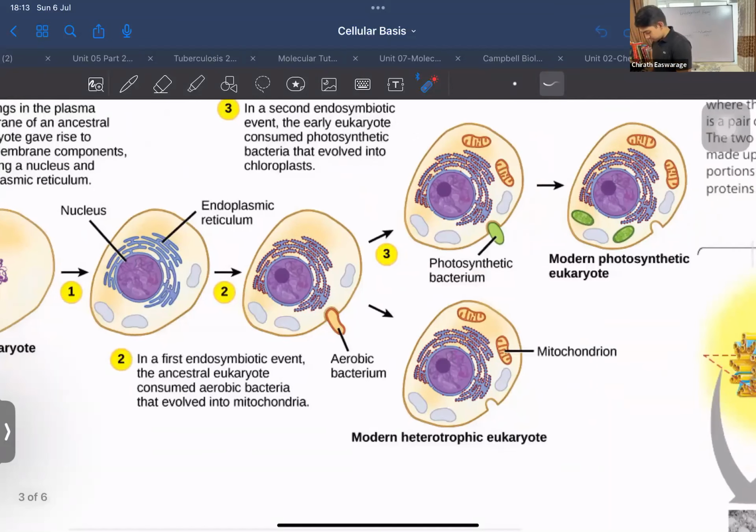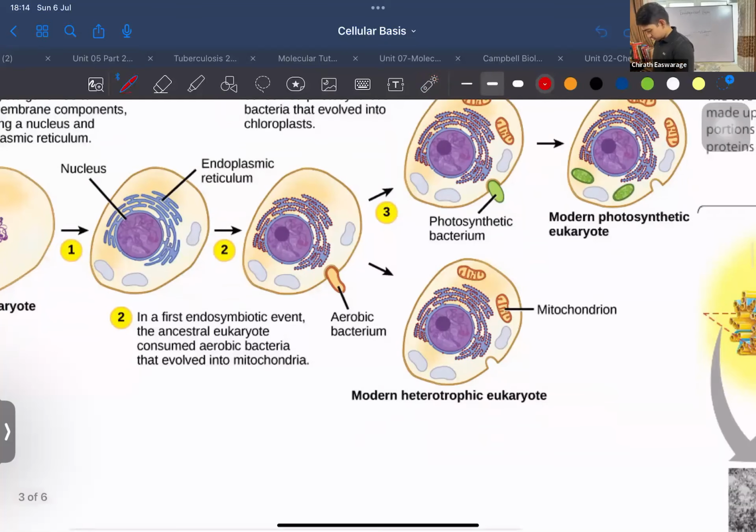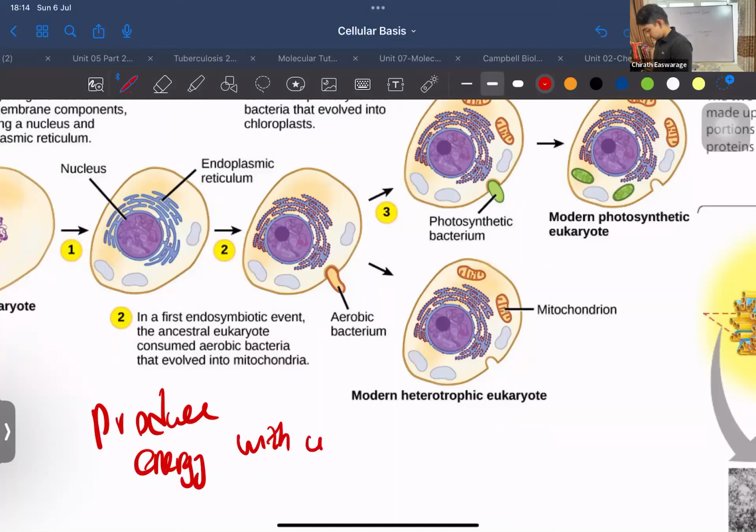They consumed an aerobic bacteria, right? So this eukaryotic cell ate an aerobic bacteria. What is aerobic? Aerobic means producing energy with oxygen, with the use of oxygen.